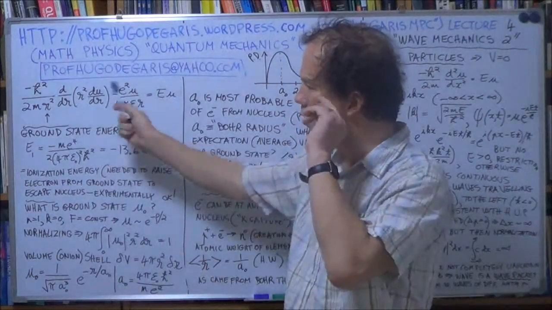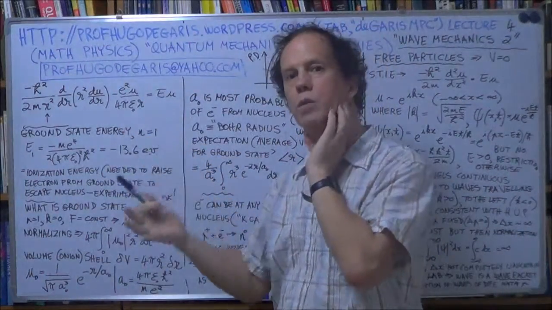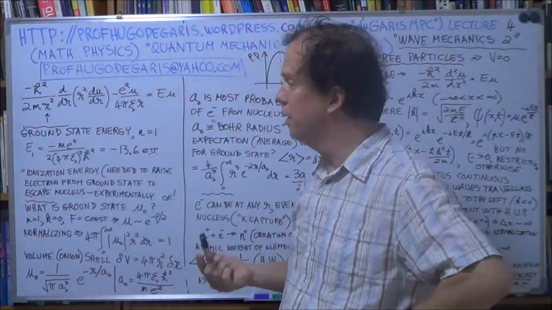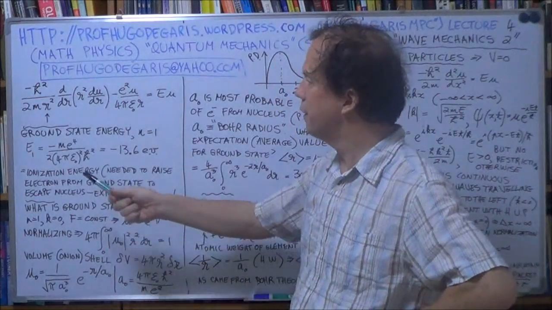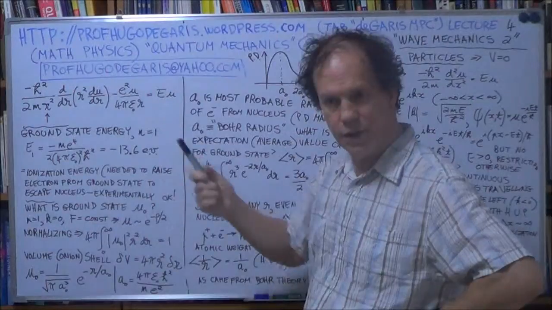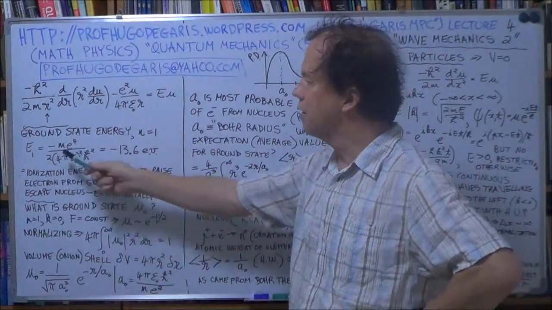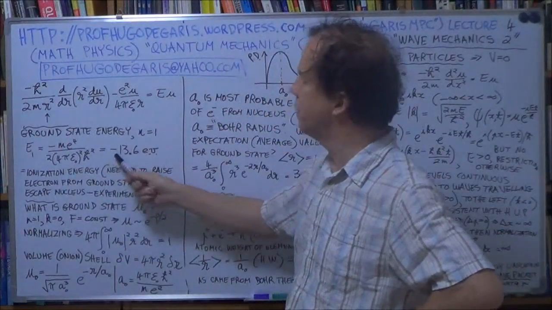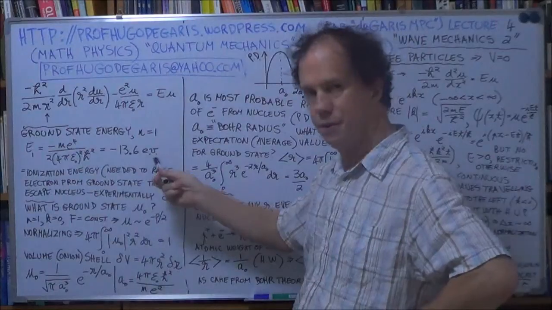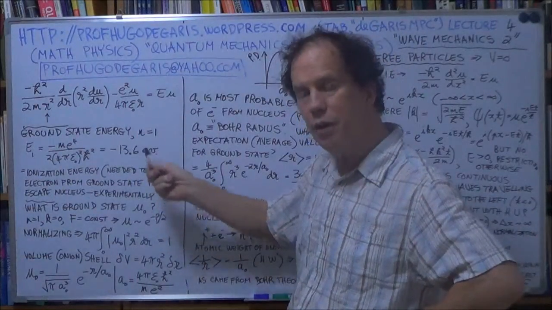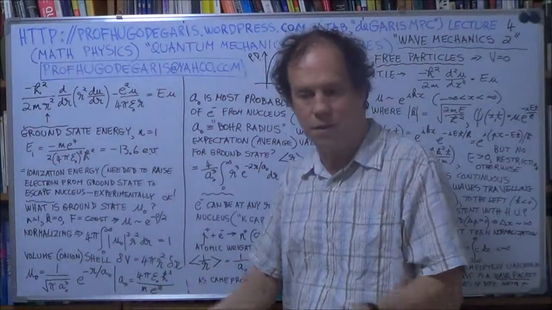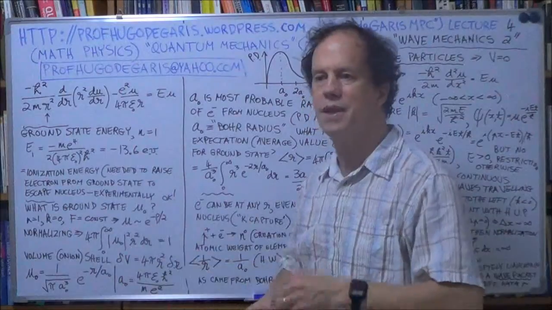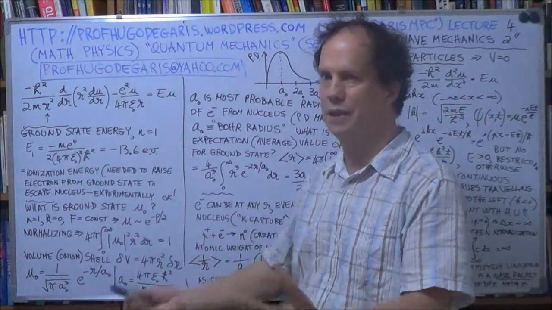Since we're dealing with the hydrogen atom, a real-world system, the simplest atom, it would be nice if the predicted values of certain quantities, in this case the ground state energy, corresponded to reality. Now the theory says the ground state energy should be minus 13.6 electron volts. That's testable. You can go out into the real world. That's the essence of science, to test your hypotheses. It's not enough just to have a hypothesis and not bother testing it. Your hypothesis could be completely wrong.